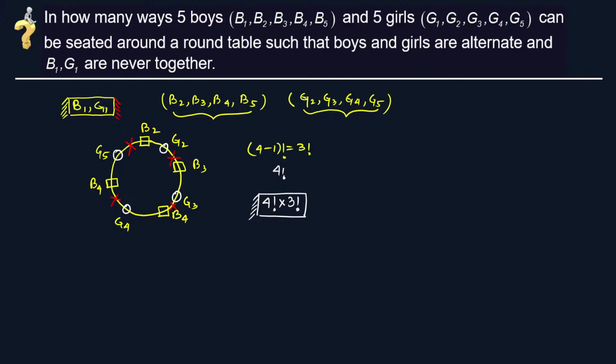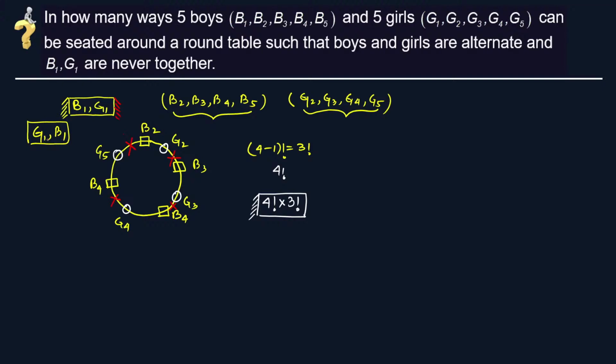If B1 first and G1 second, they take the place in this way. Now, if they interchange their place and girl 1 comes first, boy 1 goes second, then look very carefully, they can be placed to maintain the boy-girl alternate thing.